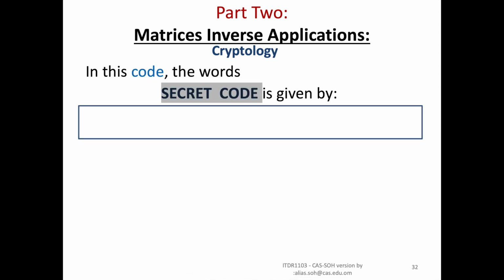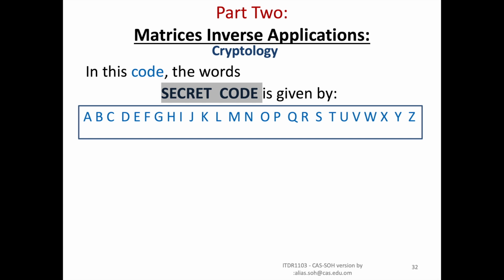Let's see this example. In this code, I have the word secret code. So in order to change the word to numbers, we just recall our idea, which is numbering the letters from 1 to 26, like giving each letter a value. So for S, I have the number 19, E 5, C 3, R 18, E 5, T 20.